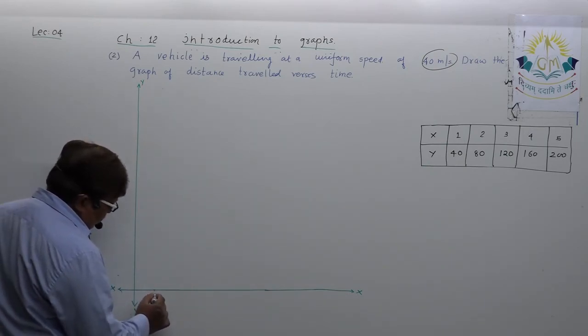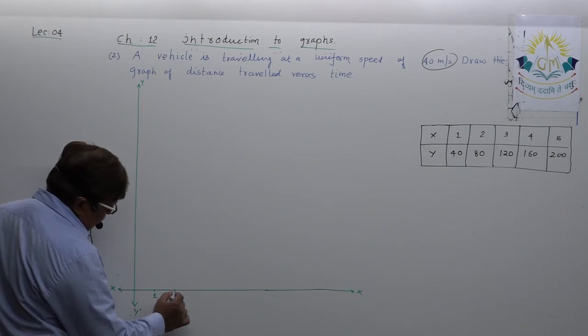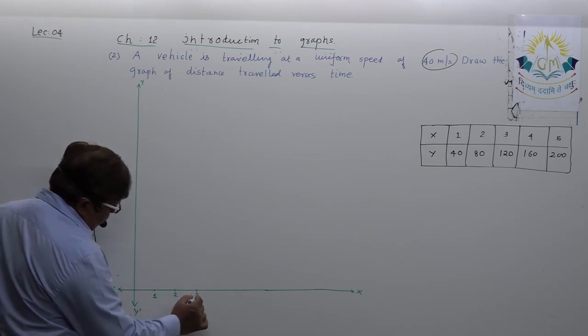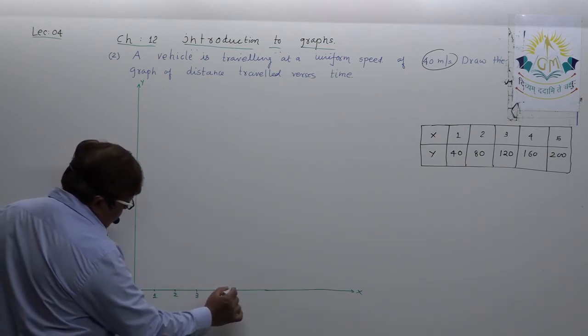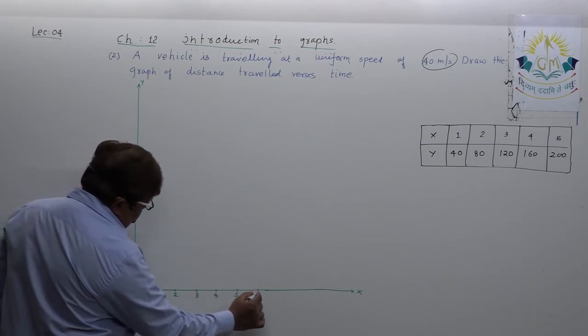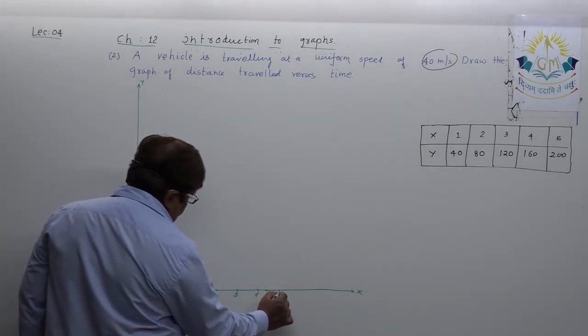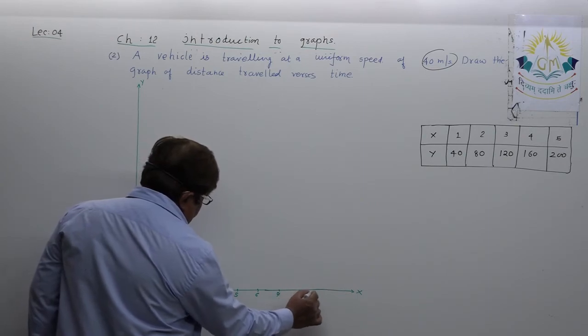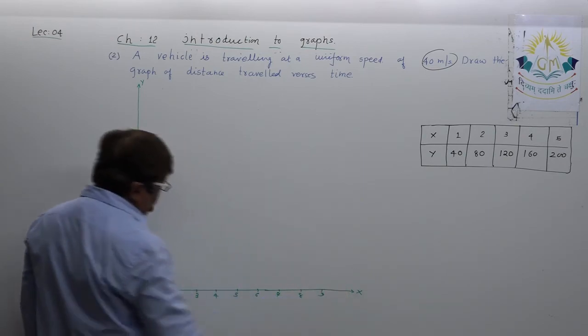So just write 1, 2, 3, okay, 4, 5, 6, 7, 8, 9, whatever boxes.